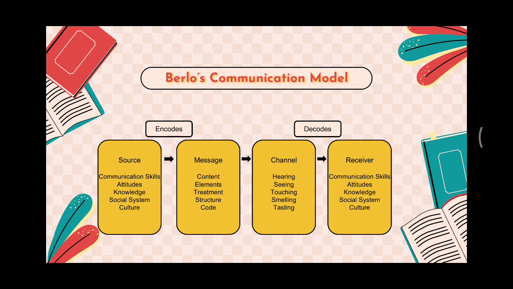We can perceive messages through our senses. Although the feedback or the effect is not included here, it is said that the receiver will also become the source when he or she gives the feedback. That's why the effect or the feedback is not explained here.